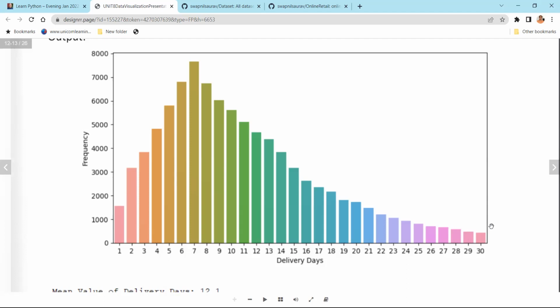But most of the things should happen within 4 to 5 days. Here in this case, 7 to 8 days, most of the products are getting delivered. So this graph is an example of a positively skewed graph, and you can see how the delivery days are performing.